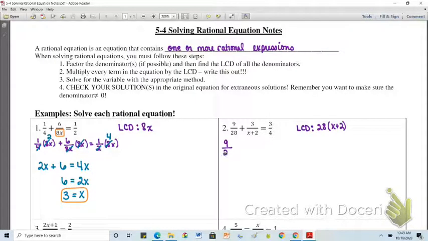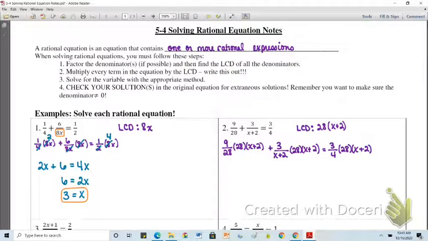So it's 9 over 28 times 28 times x plus 2, plus 3 over x plus 2 times 28 times x plus 2, equals 3/4 times 28 times x plus 2.